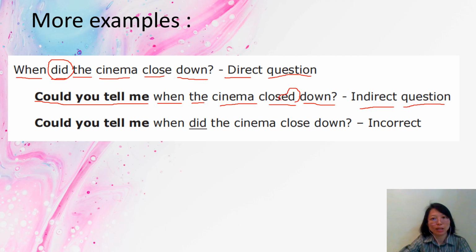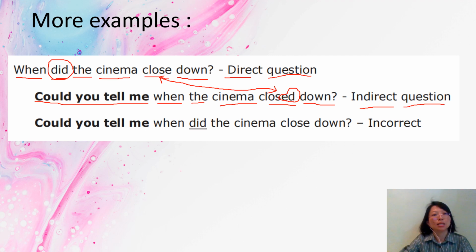You put ed to change it into past tense. It is actually C-L-O-S-E, right? Then when you change it into past tense, it becomes C-L-O-S-E-D. So you just put a D here because it already ends with E.